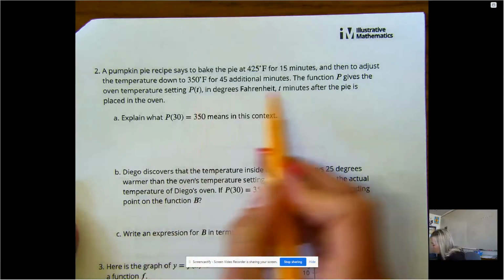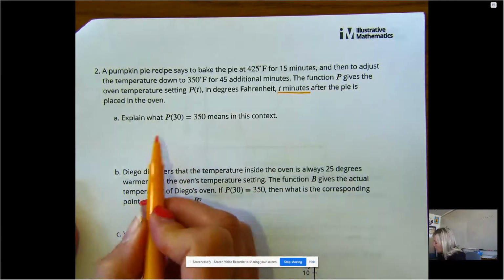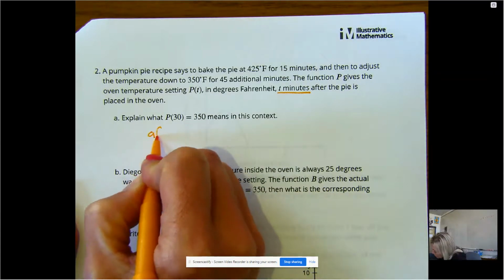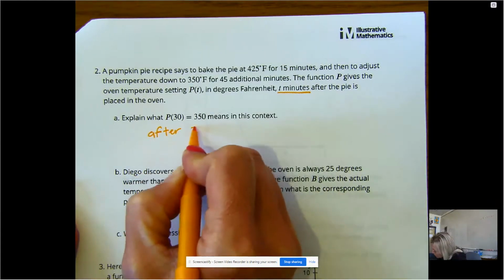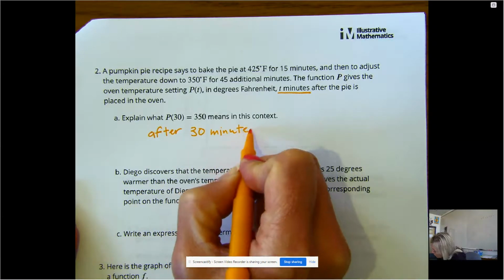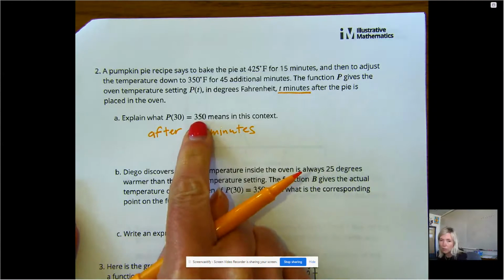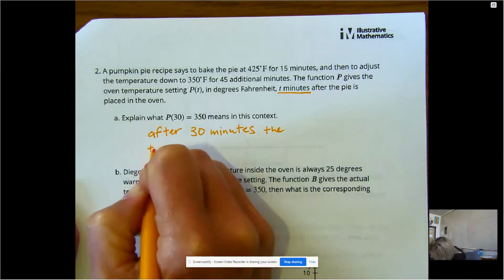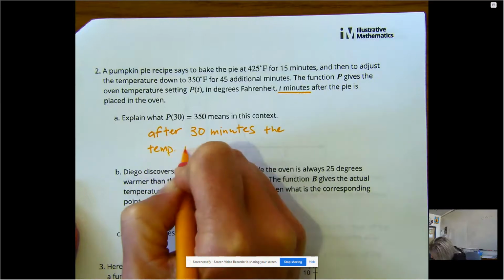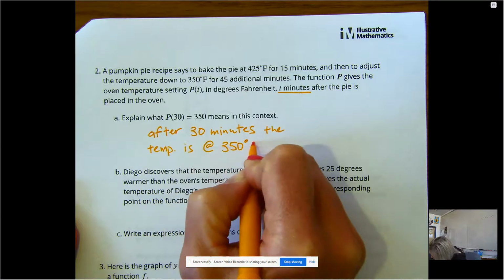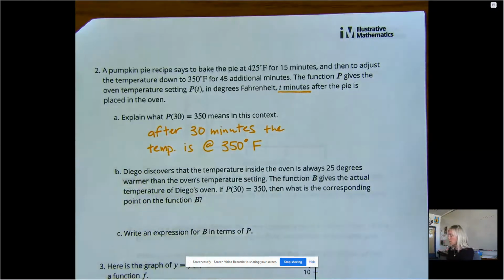So time is in minutes, and so P of 30 means after 30 minutes, the temperature is set at 350 degrees Fahrenheit.